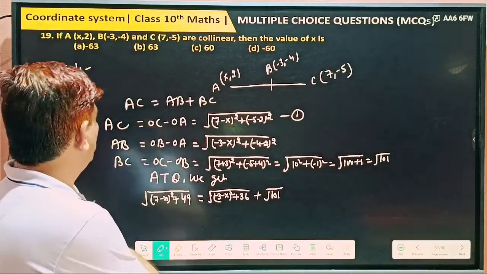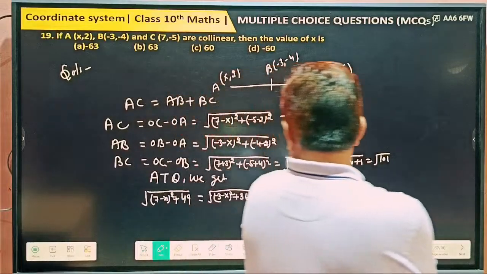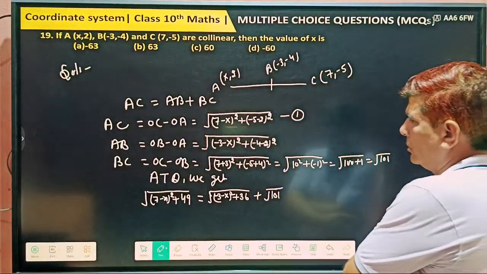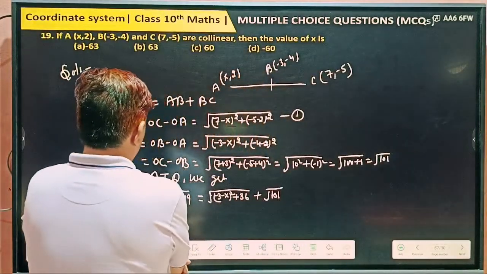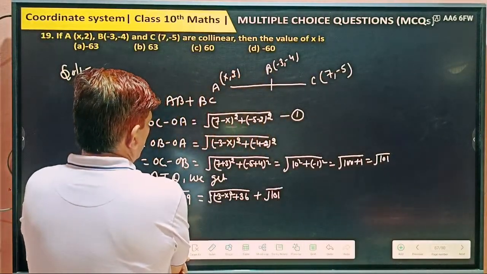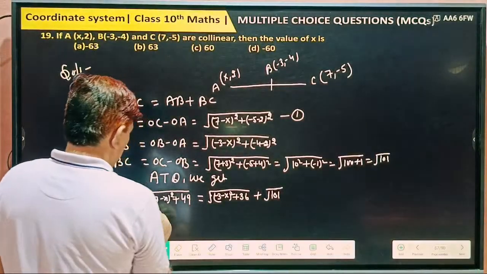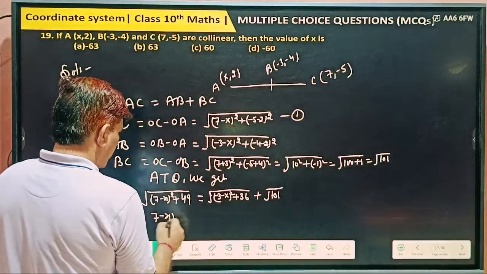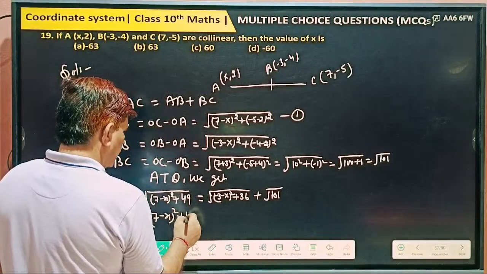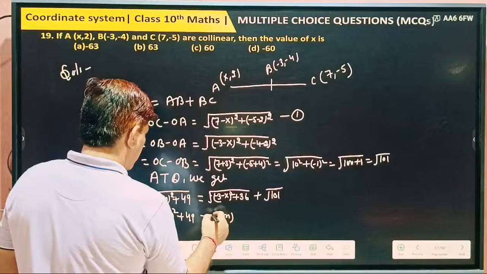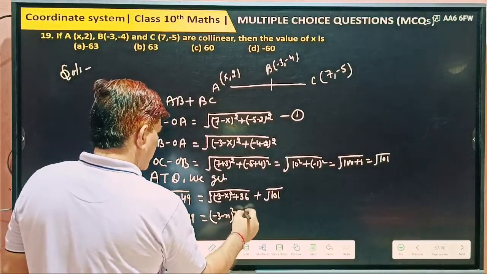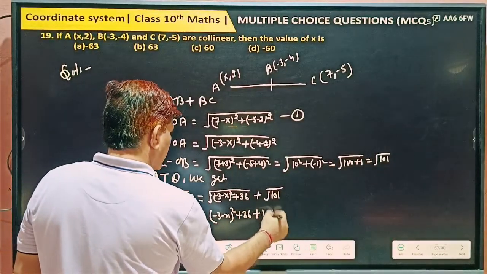So this we have to find out. Squaring both sides, it becomes (7 minus x) whole square plus 49 equal to (-3 minus x) whole square plus 36 plus 101.